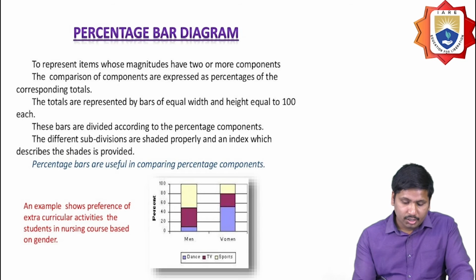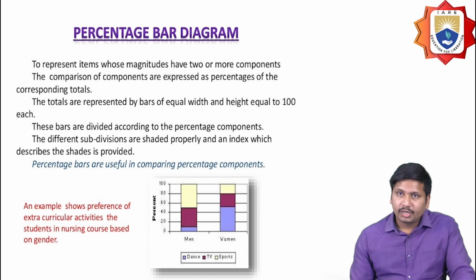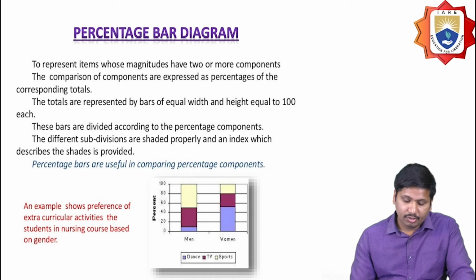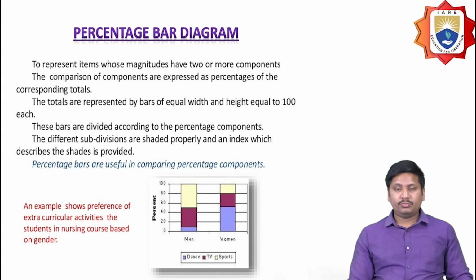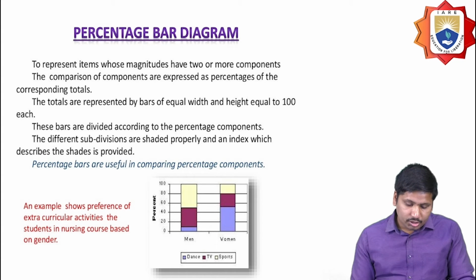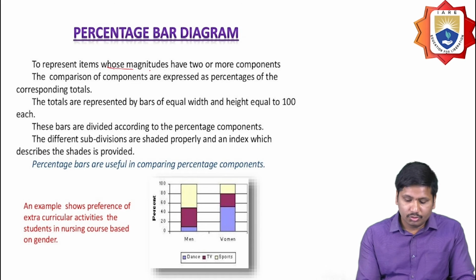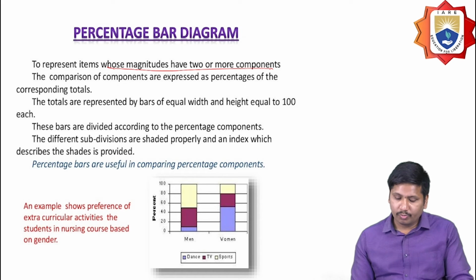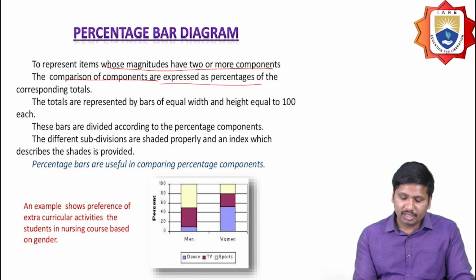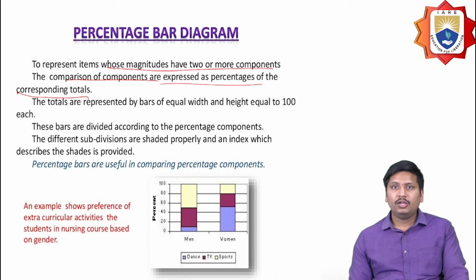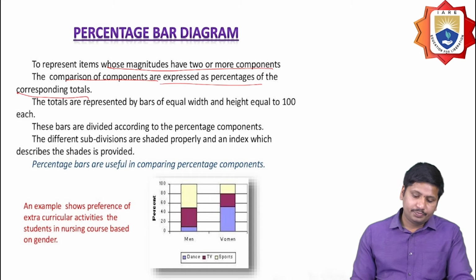Another one is the percent bar diagram. Within a single bar I can represent the data in the form of percentages. First you represent items whose magnitude has two or more components, and the comparison of components is expressed as a percentage of the corresponding totals.